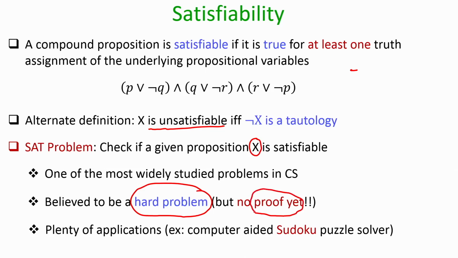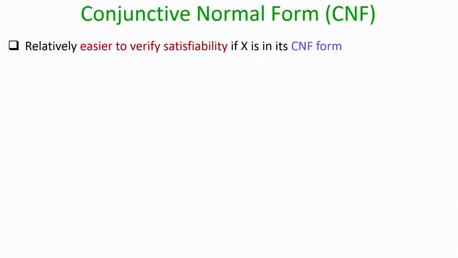It is just that we do not have any efficient algorithm as of now to verify whether a given arbitrary proposition is satisfiable or not, but we strongly believe that it is indeed a very difficult problem to solve. And as I said, there are plenty of applications. We will see one of the applications, namely the computer aided Sudoku puzzle solver.